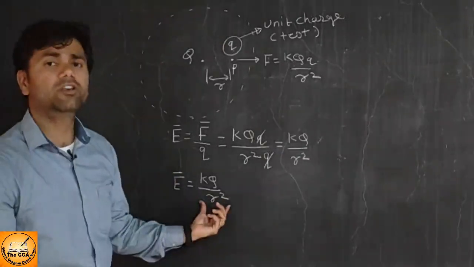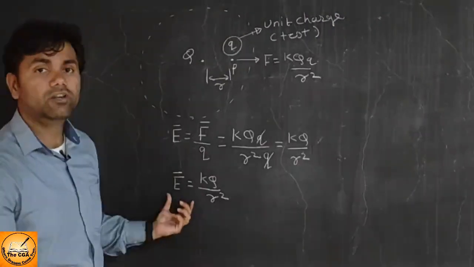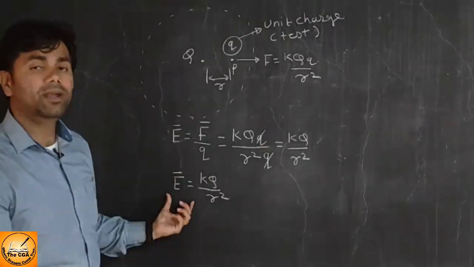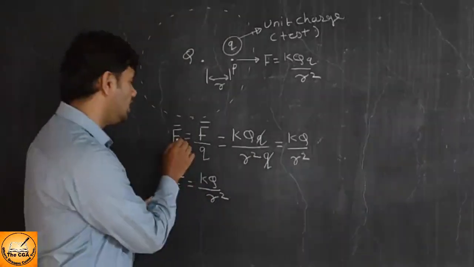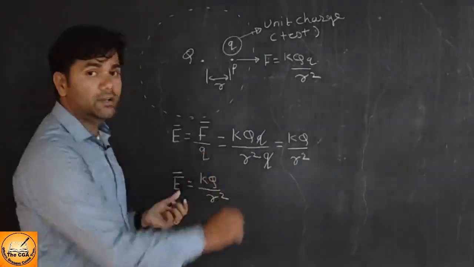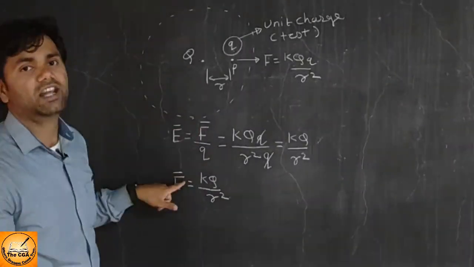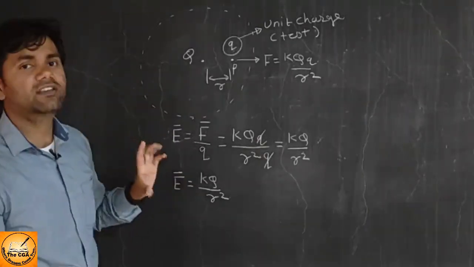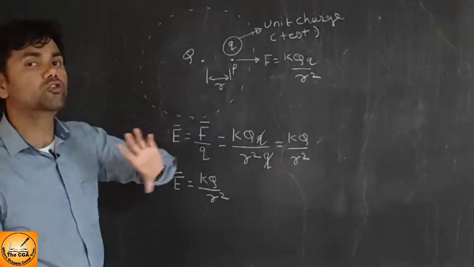So we have to define the direction of electric field also. It is very easy to define its direction. If we consider the electric field is equal to F bar by Q, it means whatever direction F bar has, the same direction electric field will have. In Coulomb's law in vector form, we already learned how to show the direction.